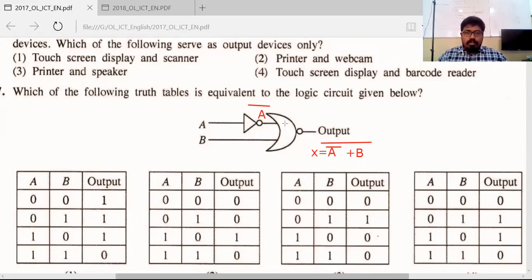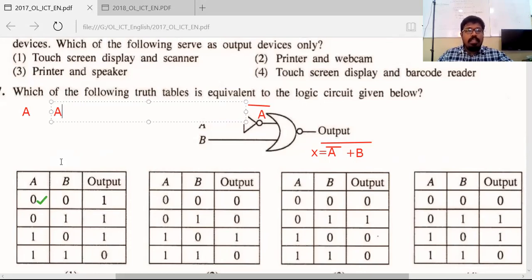Here, A bar plus B holding bar. So here you have to find each and everything one by one, right? So A bar, it will be 1 here. A is 0, so A bar will be 1. So here you can do a simple thing. Don't consider each and every table, right? Just draw the truth table separately.